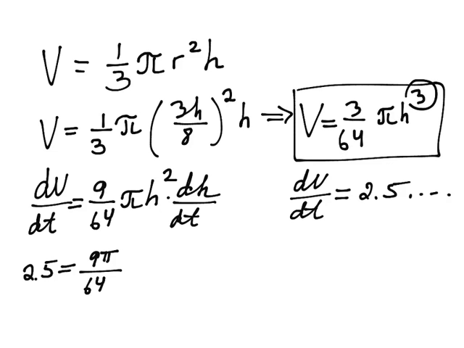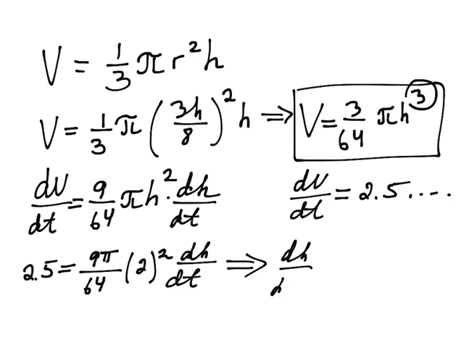By the way, h is 2, because they tell you that the level of water in your cup is 2 inches exactly at that moment. So it's 2 squared dh/dt. And that's it. Now if you solve it for dh/dt, you can reduce this fraction, 4 and 64, multiply by both sides.